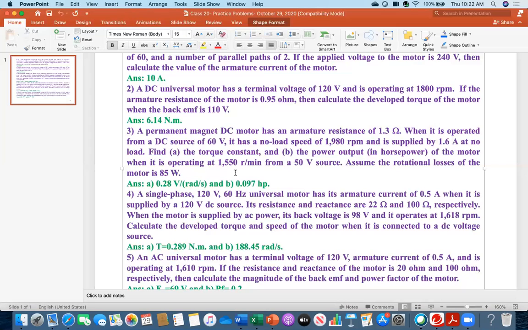Then you see that you are getting a result nearby. I think it's a small value, 0.097 horsepower. Is this fine? Did you get the same result? Yes, sir, I got it.